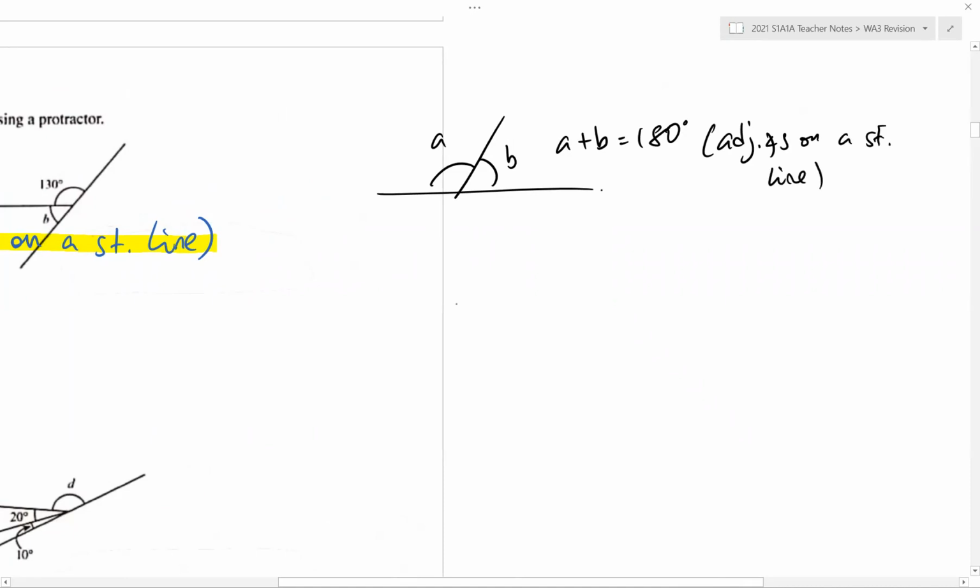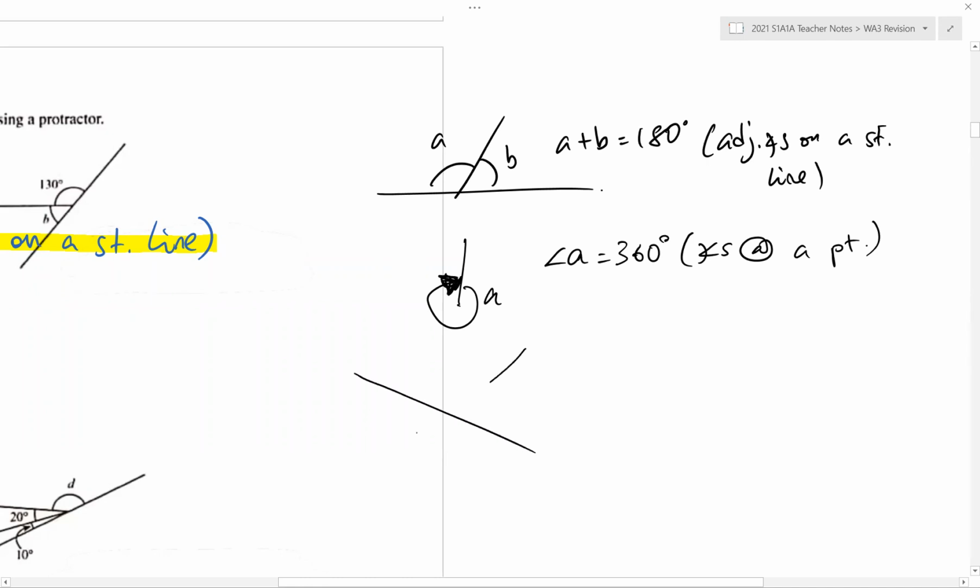We have our angles at a point. ADJ is adjacent. Adjacent means side by side. So this is the total angle at a point. We've got our X, where we say these two angles are the same, A and B. Angle A equals to angle B, vertically opposite angles.